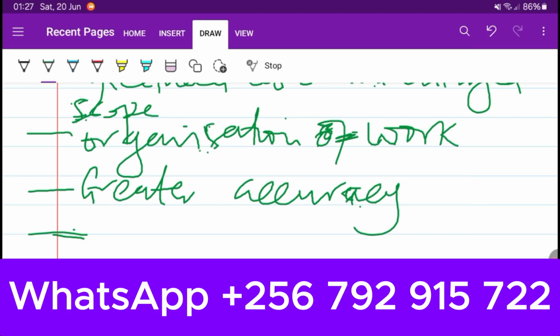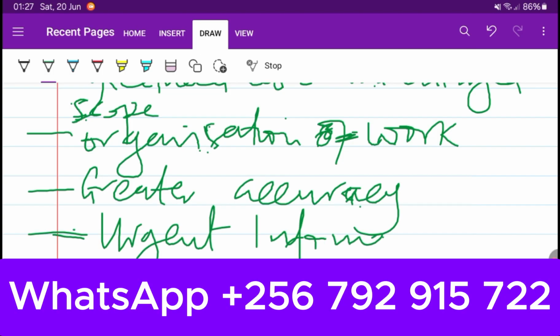The other item that we can talk about is urgent information required. Of course, we know that the data from the sample can be quickly summarized. So once you can summarize the data quickly, you are going to give the information depending on the urgency of the need.